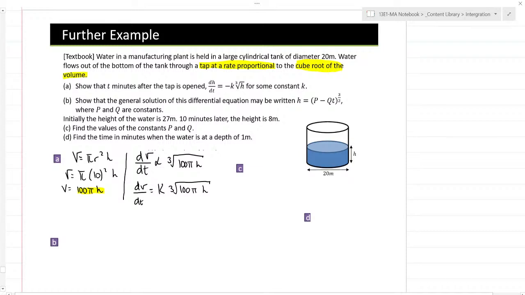Yes, Matthew. Would it? No, yeah, you're going to have a negative k. Now, they have actually put a negative k in there, and I will put that negative k in there because it's flowing out. But you'd get that when it pops out anyway, you'd end up with it being negative.